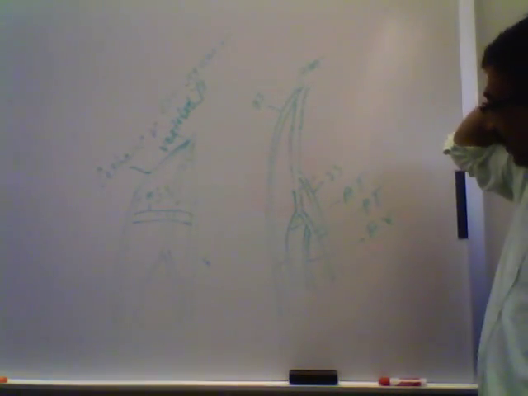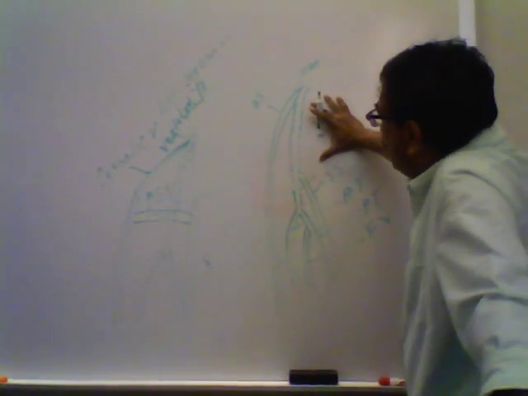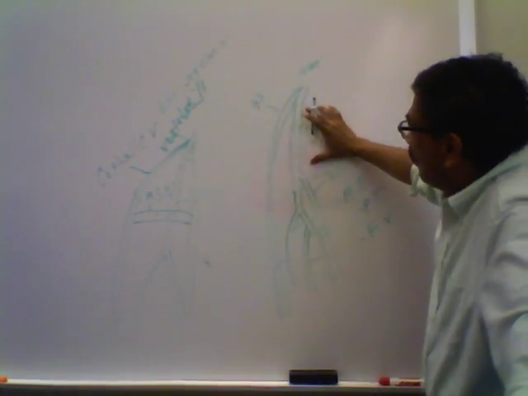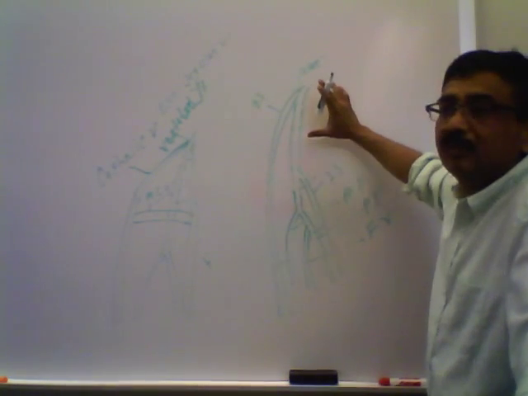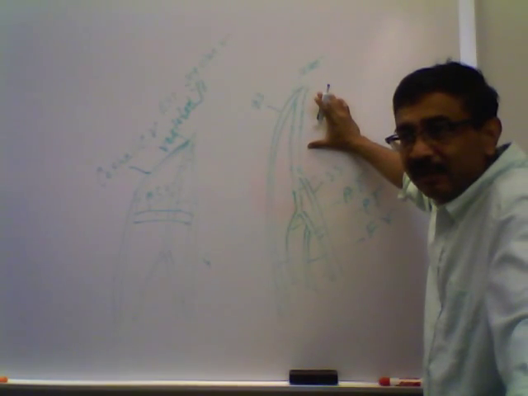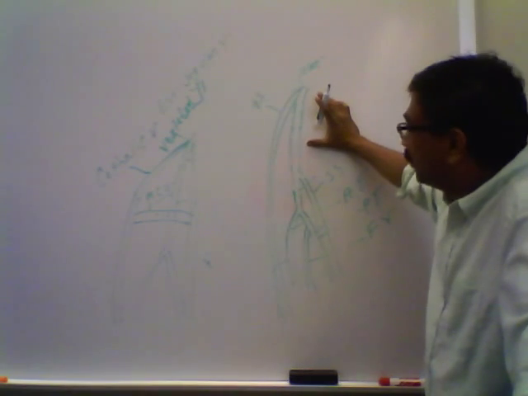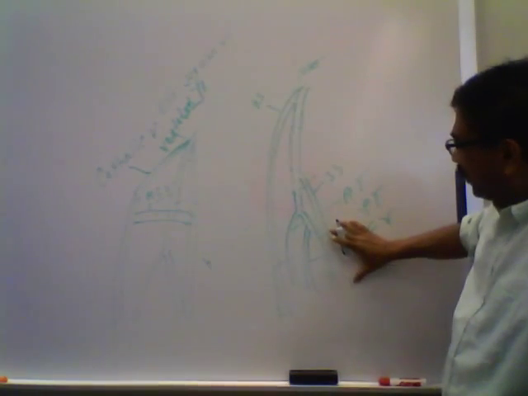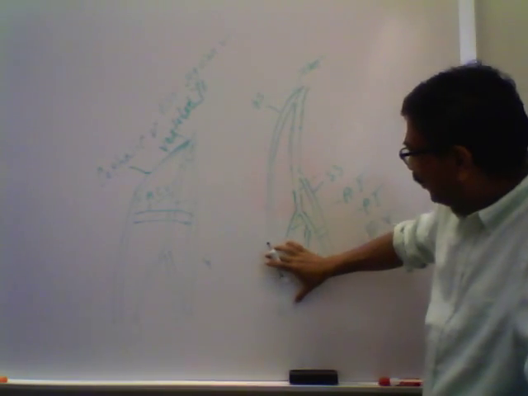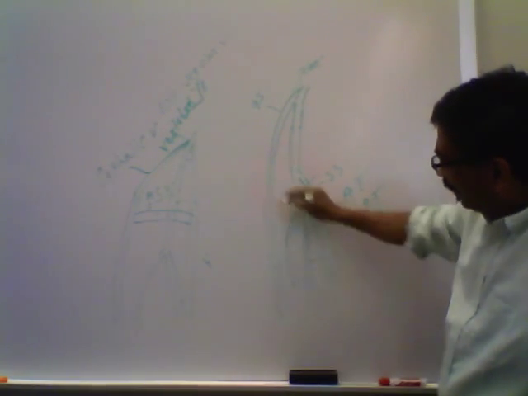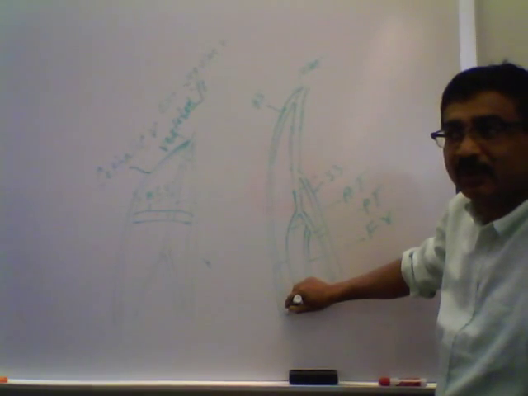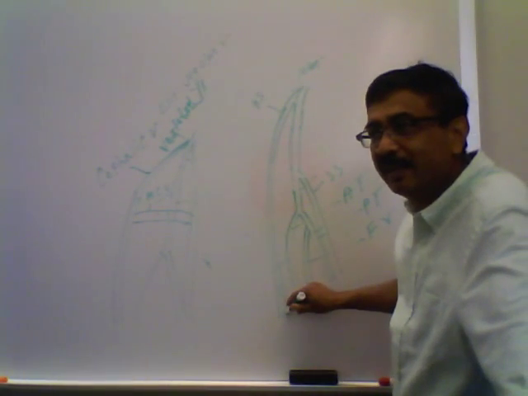So you see, if I ask you in the thigh, how many big veins you have? Deep one is the femoral, and superficial one is the great saphenous. Now if I ask you in your leg, how many large veins you have? This one, great saphenous, is there, right? Because it goes all the way to the foot. So it must be in the leg too.